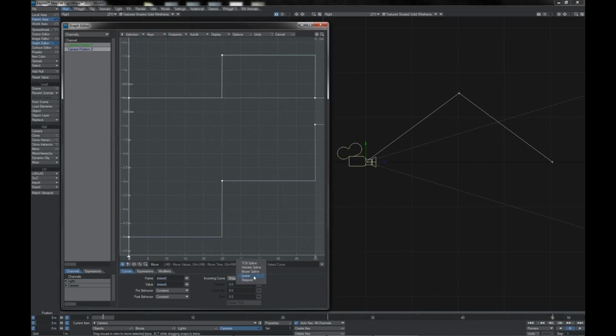Next then, we have linear curves, or linear keys. In this case, interpolation between different key points will always be a perfectly straight line. So here at frame 0, the Y value is 0 meters. Here at frame 25, let's just say it's at 1.5 exactly.